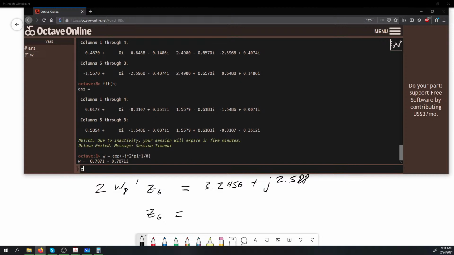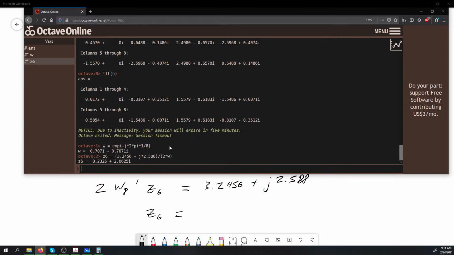And then we can say that Z6 here is equal to 3.2456 plus j by 2.588 divided by 2 by W. And we get Z6 equal to this value, which I'm going to verify with my answers here.